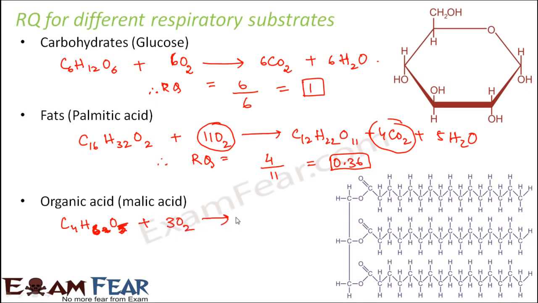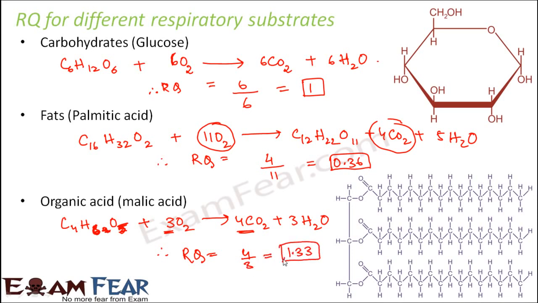When this is oxidized, it forms 4CO2 plus 3H2O. So in this case, the respiratory quotient will be 4 by 3, which is equal to 1.33.